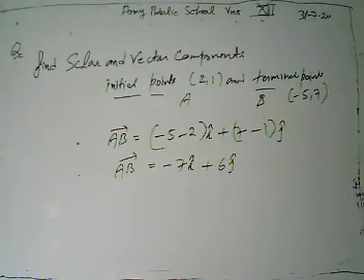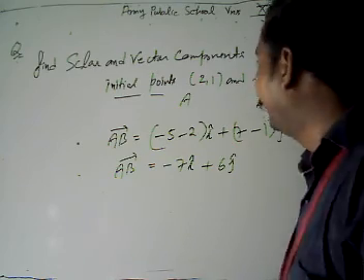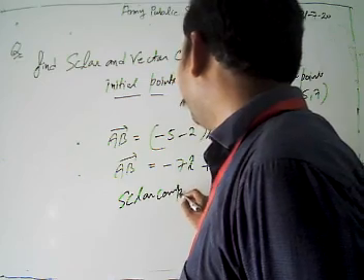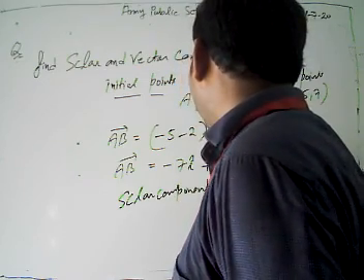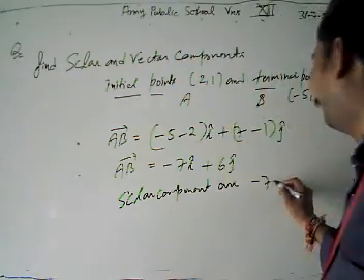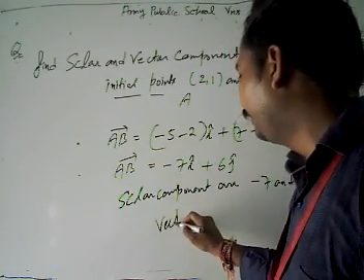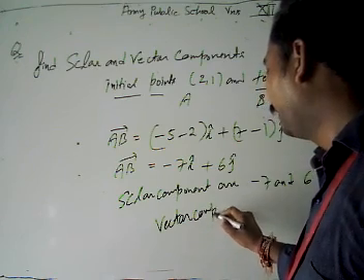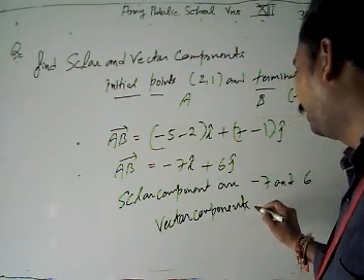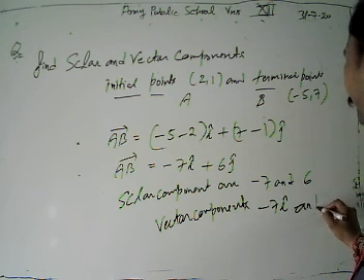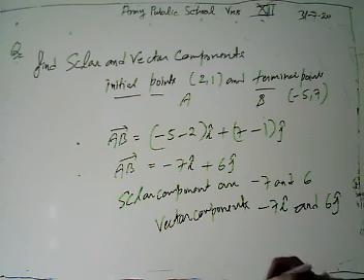Now look here, we have to find its scalar component and vector component. What is our scalar component? Scalar components are -7 and 6. And what is our vector component? Our vector components are -7 i cap and 6 j cap.